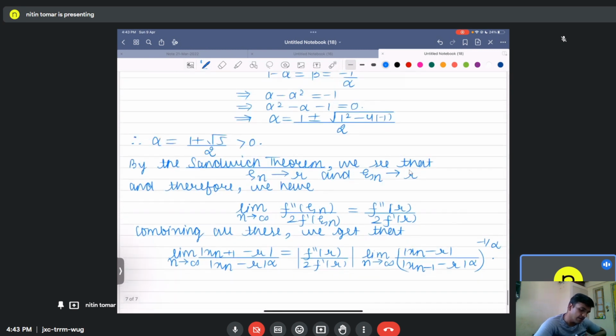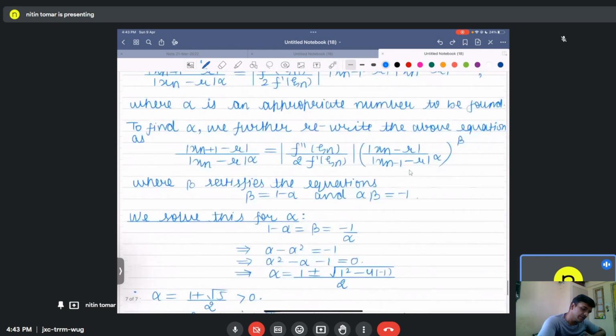You see, we have this limit and if you put it here we'll get the required thing.